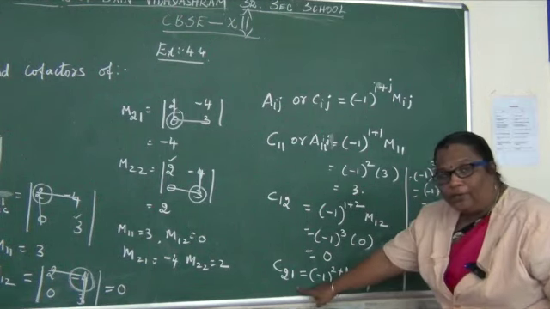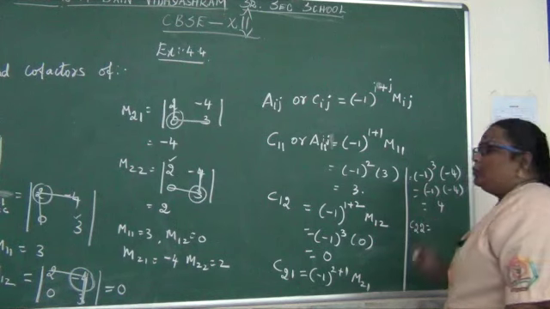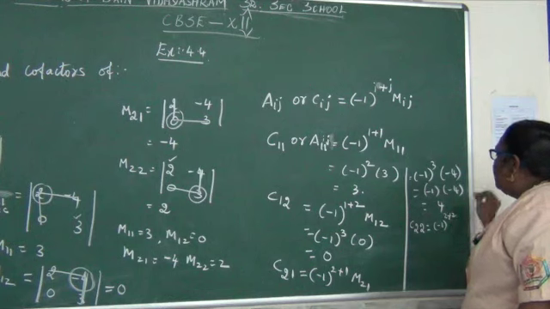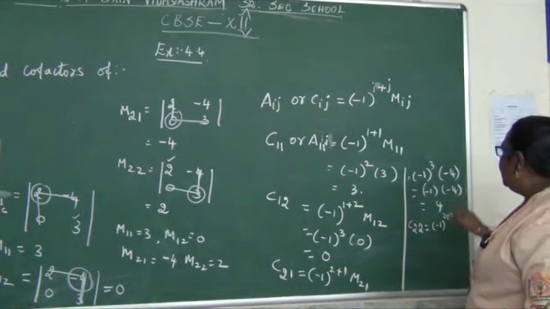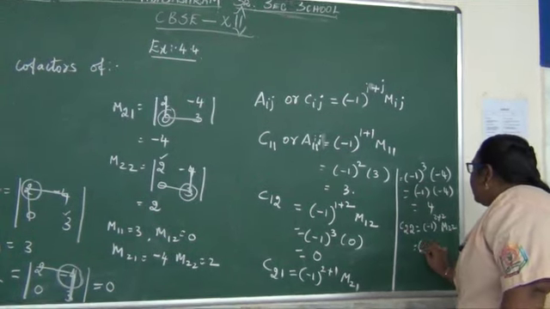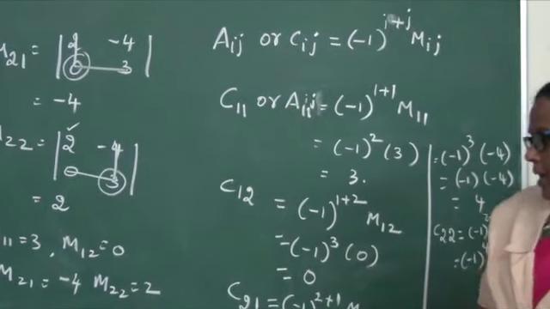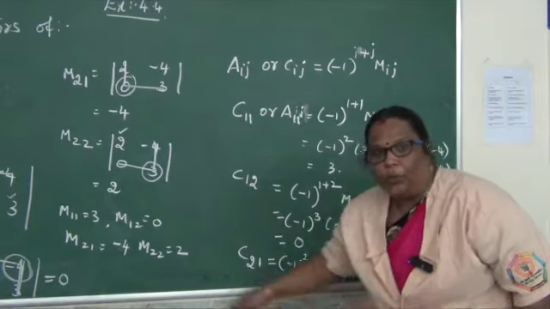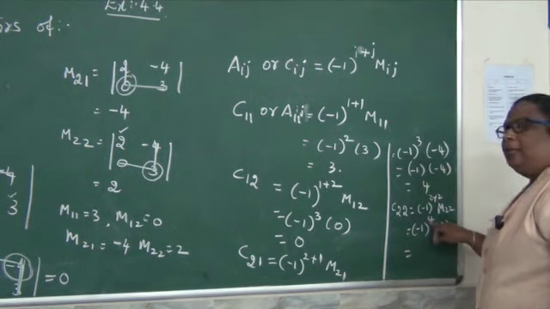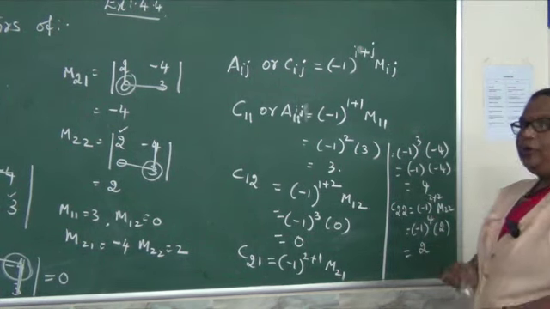That is, the cofactor C21 is 4. Next, C22 equals minus 1 whole power 2 plus 2, that is minus 1 whole power 4, into M22. M22 value is 2. Minus 1 whole power 4 is 1, and 1 into 2 equals 2.